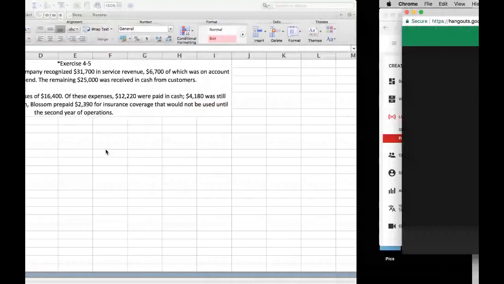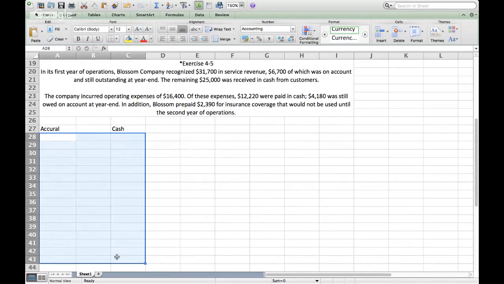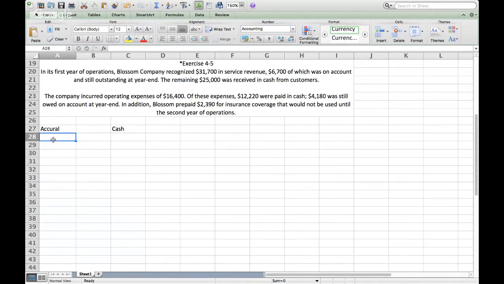So going back here to the example, let's get this formatted first. So accrual, they started with $31,700. And then if we look down here, the company incurred operating expenses of $16,400. So we're going to go ahead and type in 16,400.